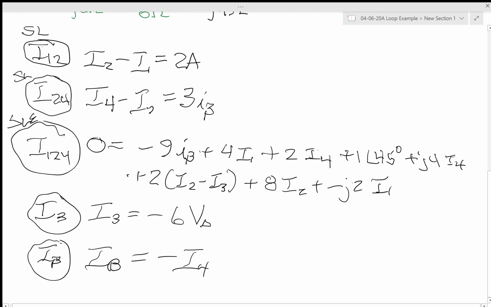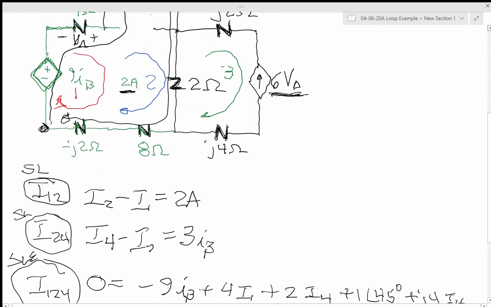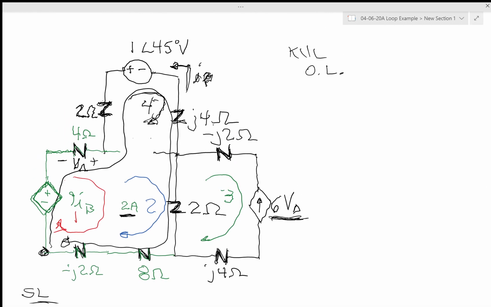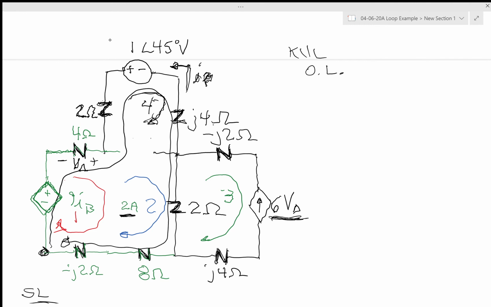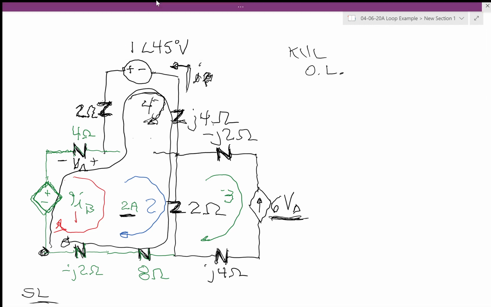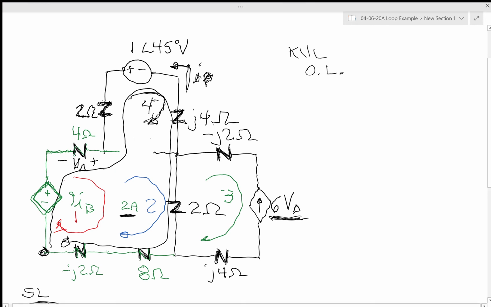Okay, and now I need to find V delta. What is V delta doing? Well, if I come up here, V delta is plus to minus, and only I1 is in there. And so for that to happen, this is really minus I1, is it not?